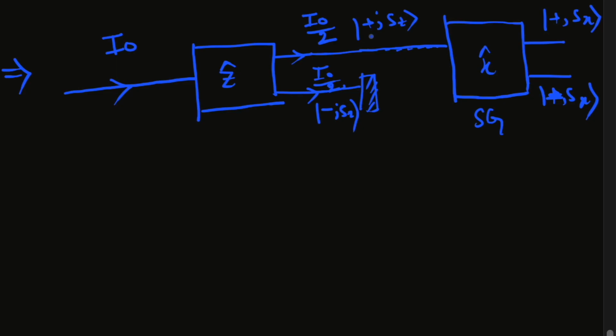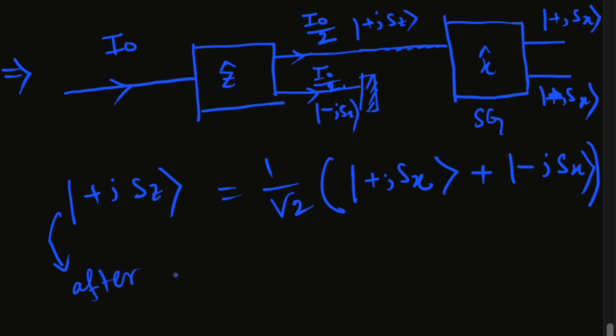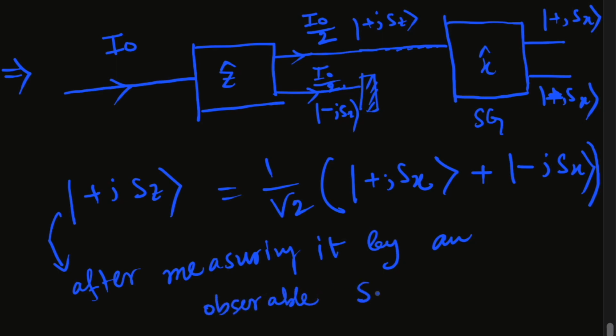Now, since we can write the state Sz in terms of Sx as 1 by root 2 times the plus Sx state plus the minus Sx state, what will be the probability after measuring it with the observable Sx?